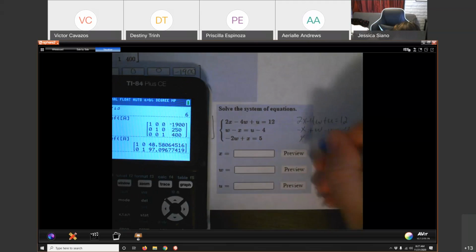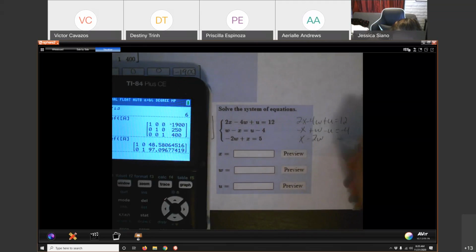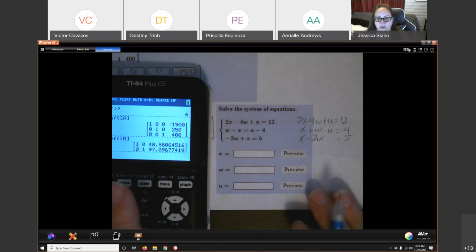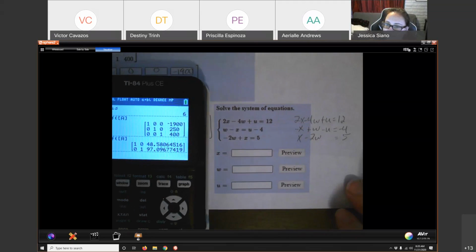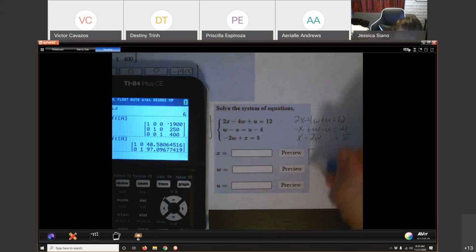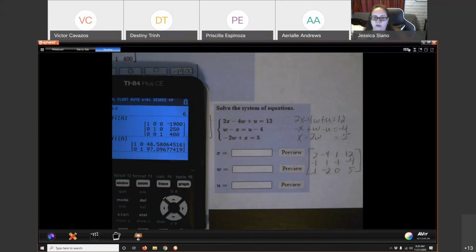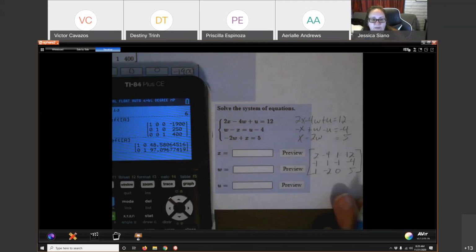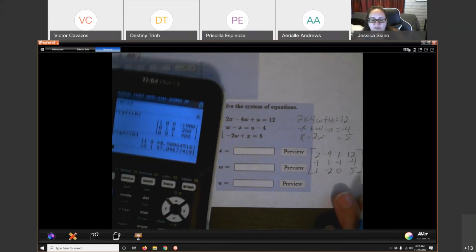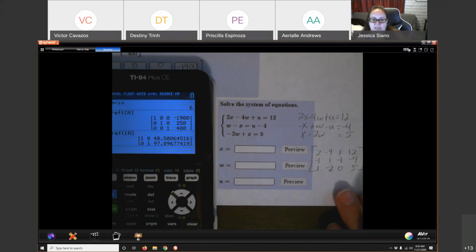I'm going to put the X first, it's a -2W, next, and this last one has no U term, so I'm going to leave that space blank. And now my augmented matrix here would be 2, -4, 1, 12, -1, 1, -1, -4, 1, -2, 0, 5. So again, it is key that we are consistent. So if we have X first, then X needs to be first in every row.